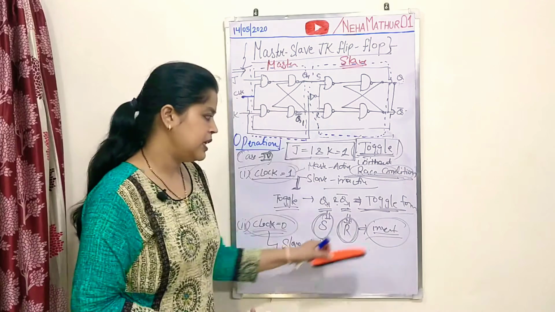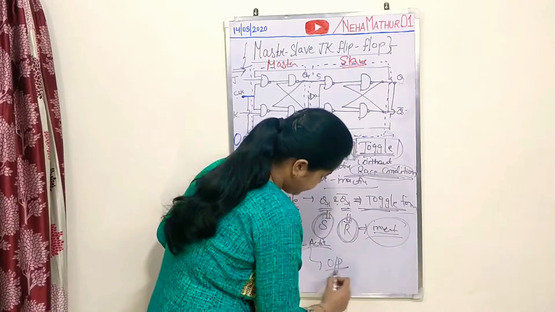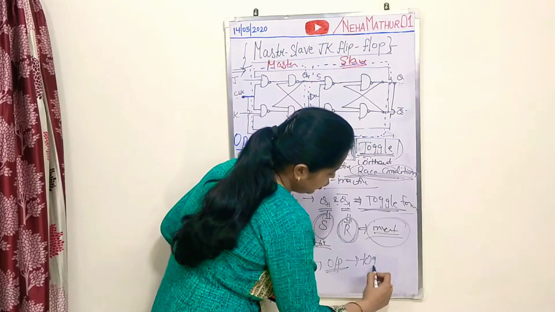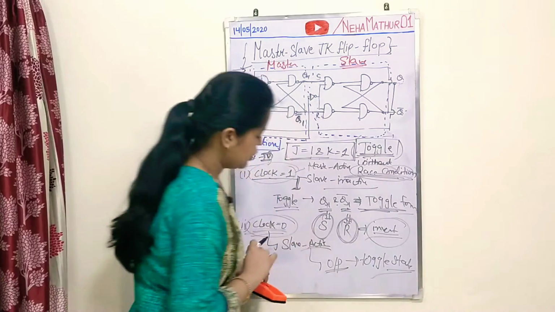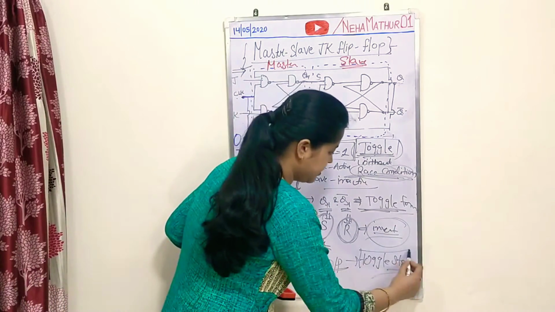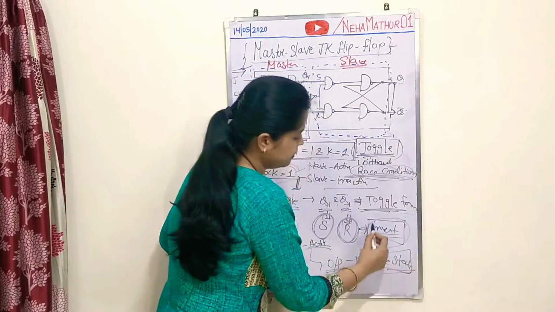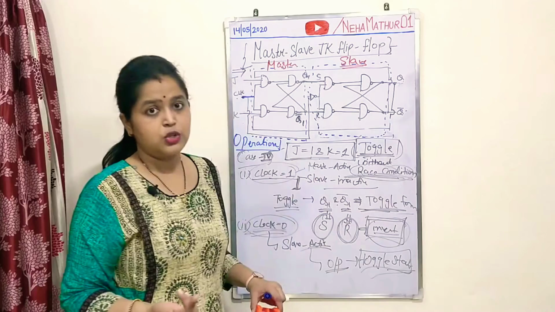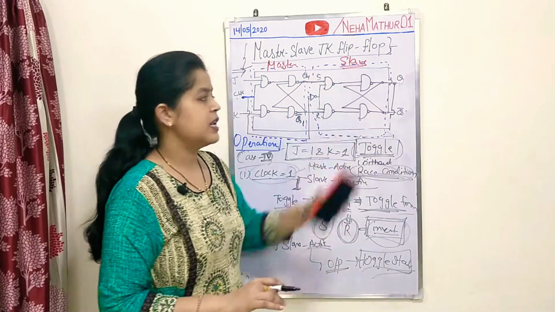So for these inverted values, you will get your output again in toggle state. So the output of your slave will be in toggle state, because the output of master is not fixed, so you cannot predict what will be the output of the slave circuit.